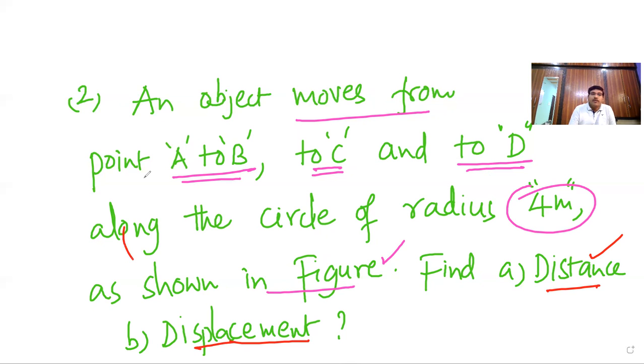Okay. Now, observe. He has given a figure here. This was the figure provided to you. This is a complete circle. Clear? Now, a point was given. A point is given here.